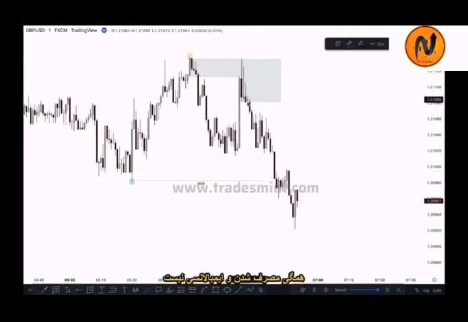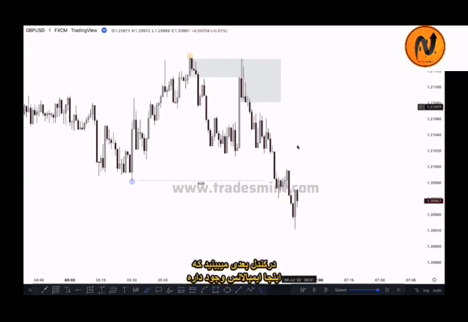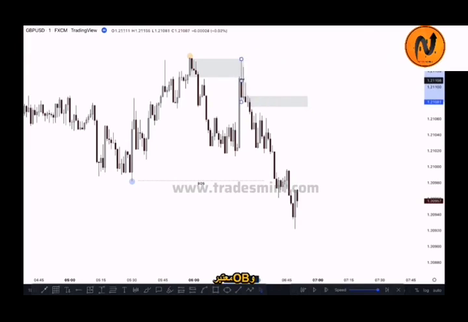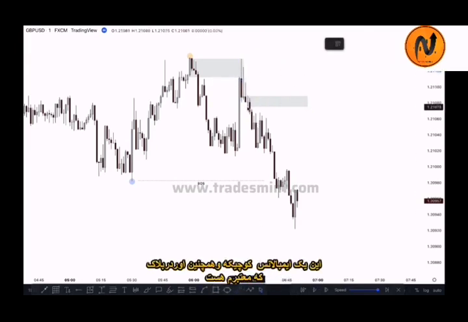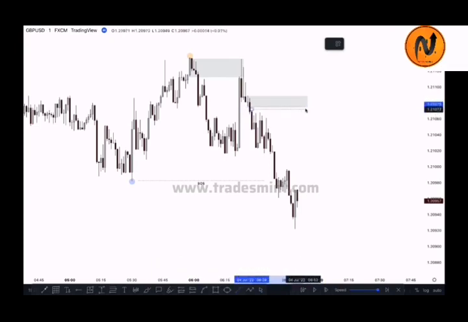I think it's already mitigated, so there is no imbalance, right? So as you can see in the next candle, which is here, this is an imbalance, and with order block, correct, there is a minor imbalance and order block. So this one is called a valid order block, which is here, right? So this is an imbalance and this is an order block. So we can sell here.